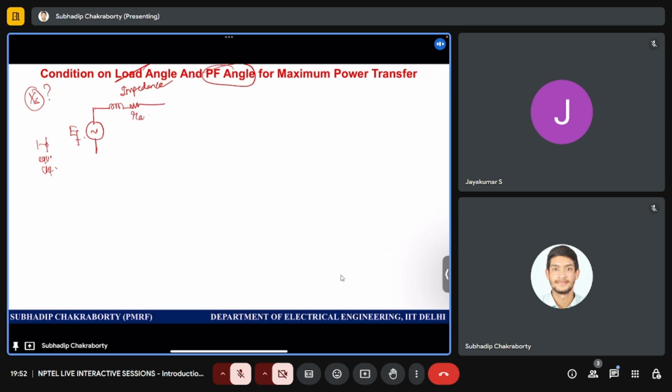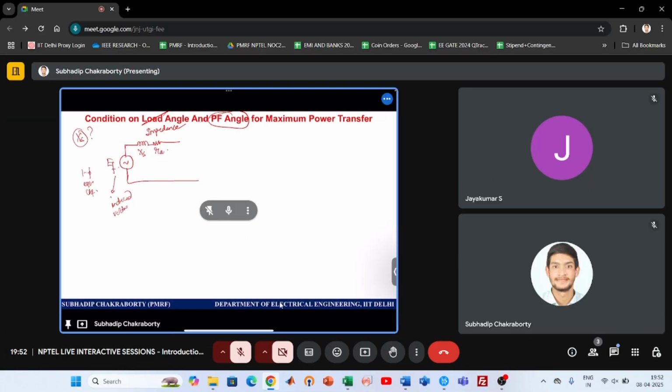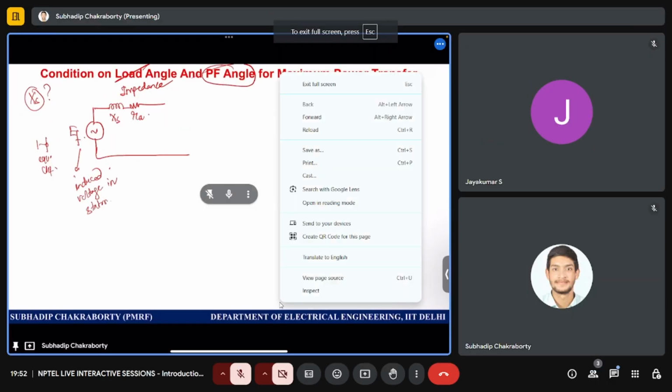We call this RA, armature resistance of one phase coil. This is how we draw a single phase equivalent circuit. And this is the induced voltage in the stator, not rotor, don't confuse. Induced voltage in stator of that phase. This is phase voltage, please remember.